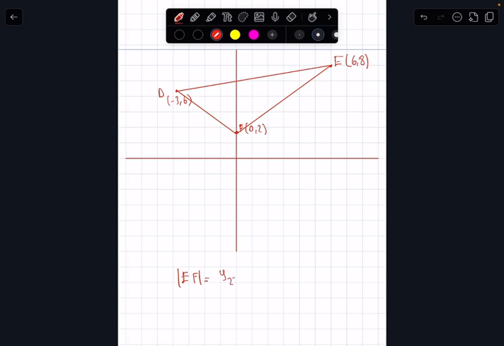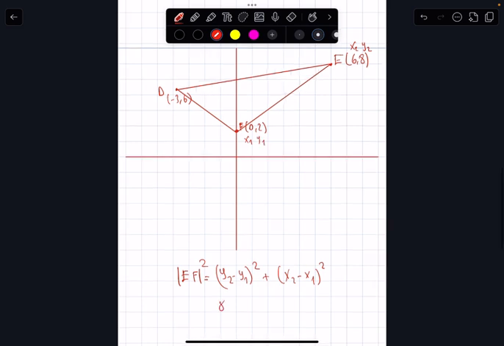Y2 minus Y1 square plus X2 minus X1 square. So if it has a higher number, then I'm gonna say Y2 and X2, okay? So this is gonna be X2 and this is gonna be Y2. That's how I do it. And this is X1, Y1.